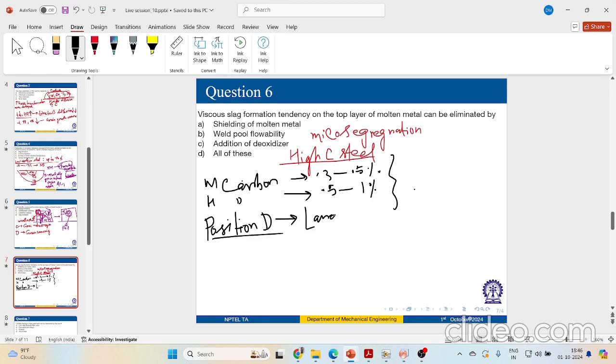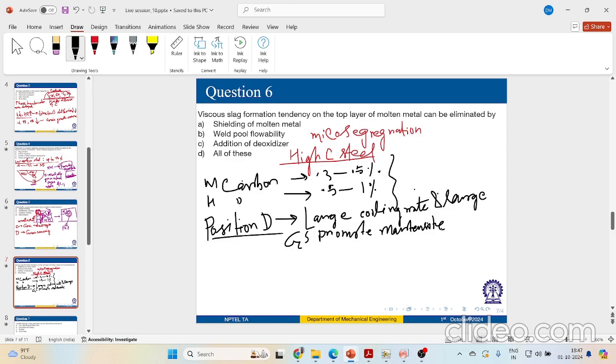Large cooling rate and large grain size promote martensite formation.